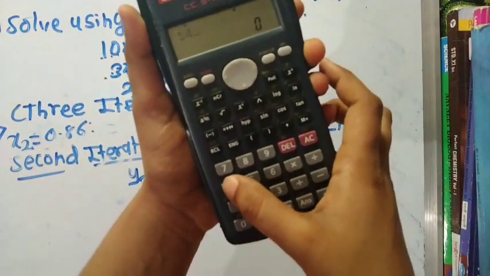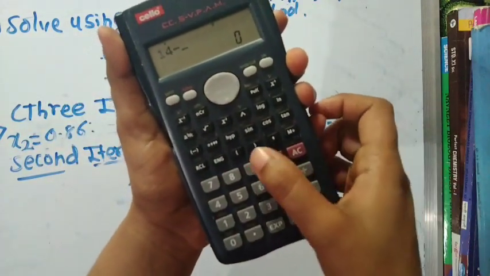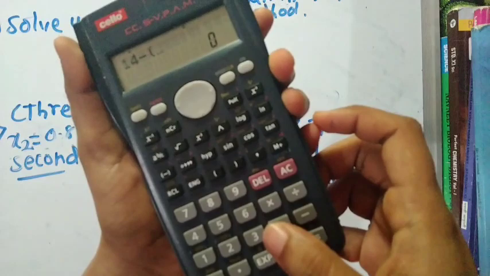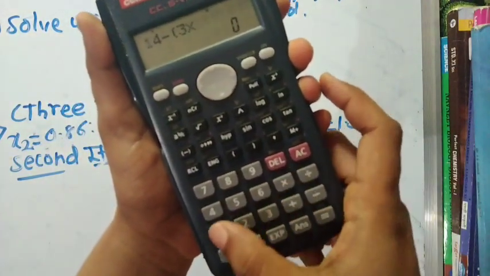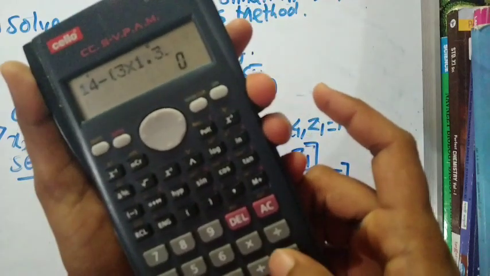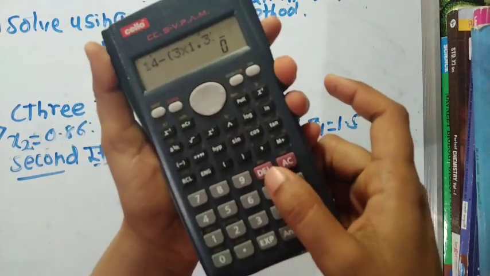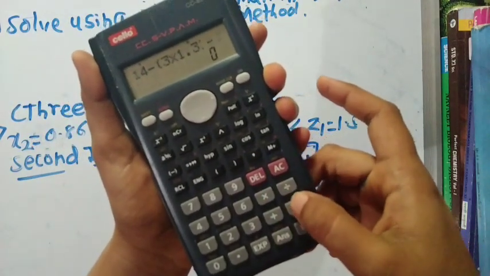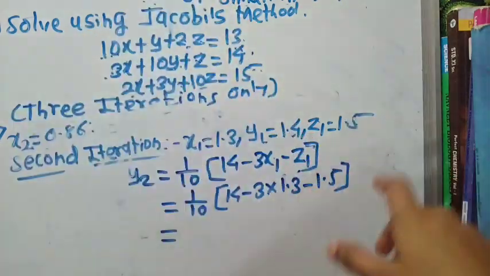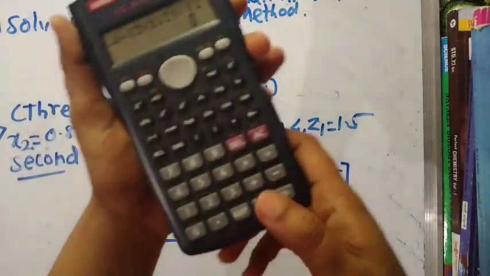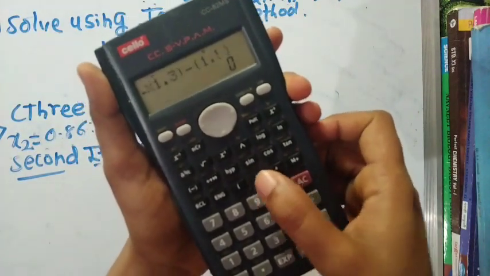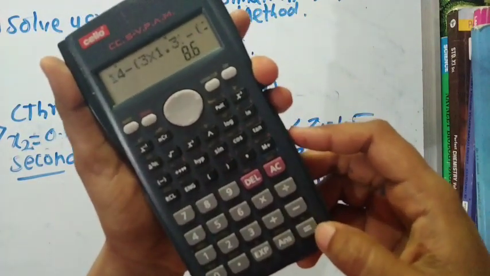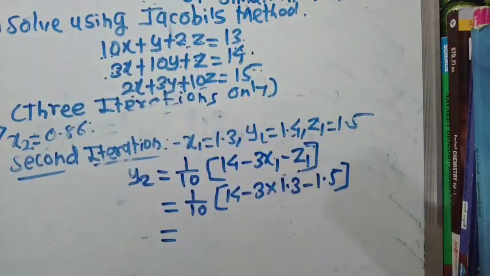14 minus, in bracket, 3 into 1.3, minus 1.5, and which is equal to 8.6.